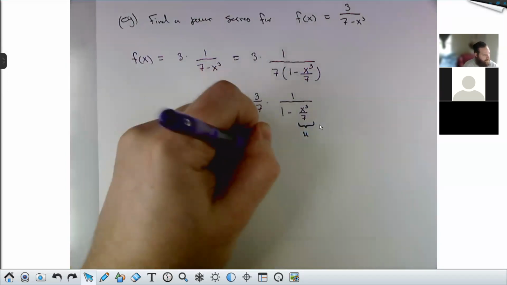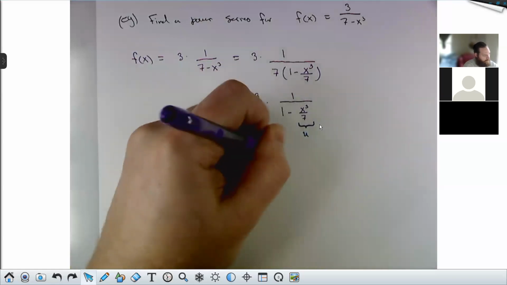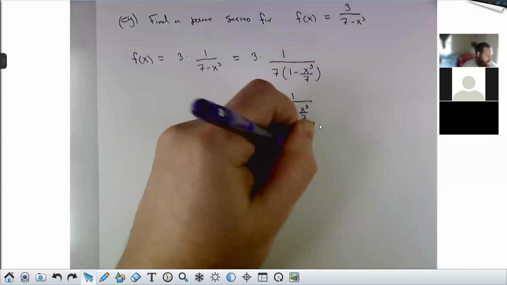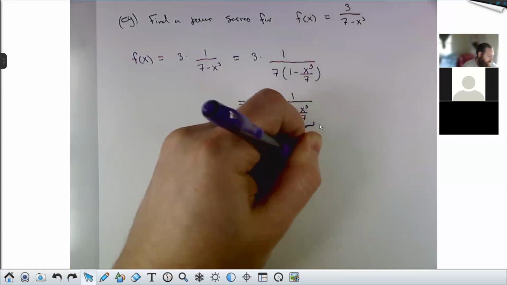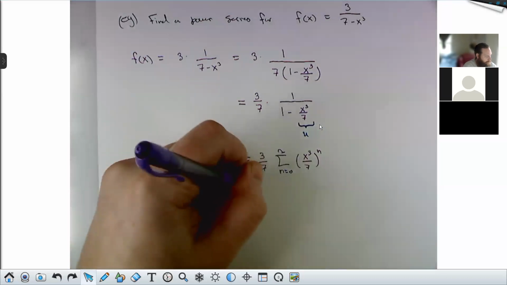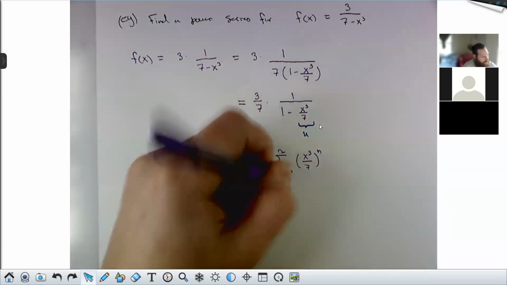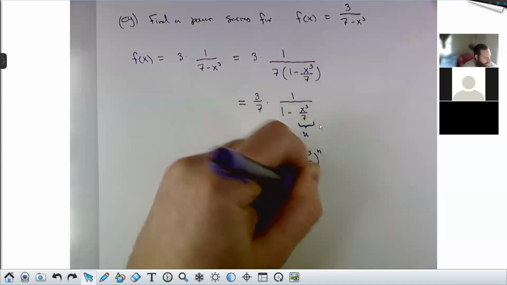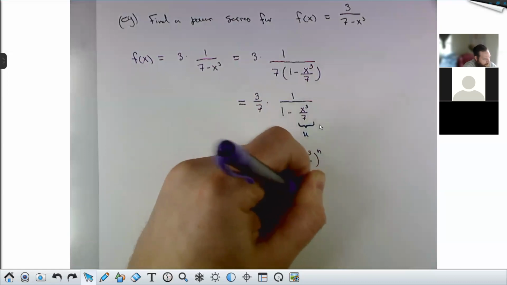This will be 3/7 times the sum from 0 to infinity, x cubed over 7 to the n. A little more simplification to do here. This is going to be x to the 3n over 7 to the n.